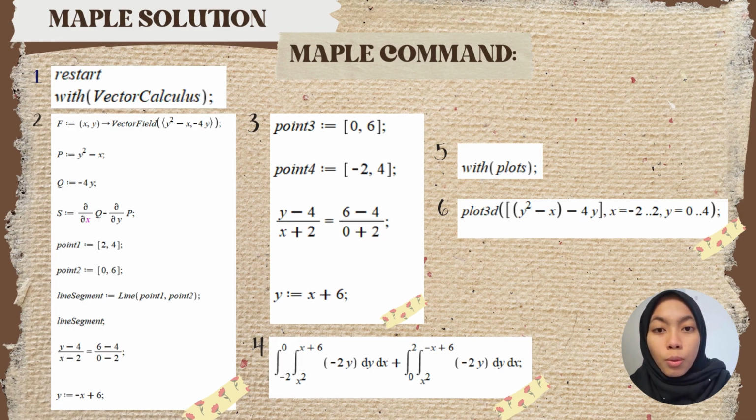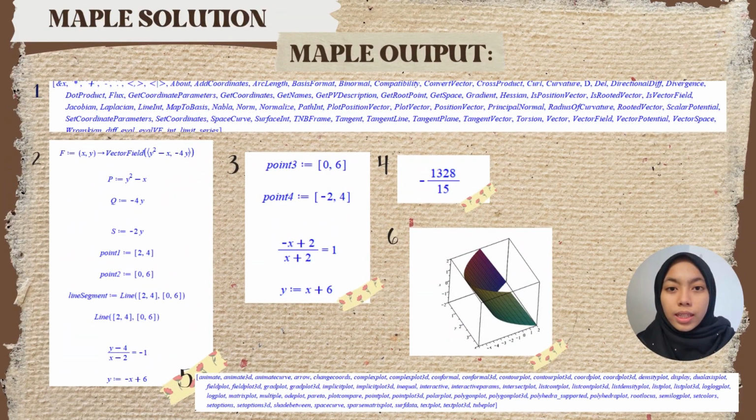So the command is plot3d of y squared minus x minus 4yx, x equal to negative 2 to 2, y equal to 0 to 4. Then we will get the output. Alright, this is the output when we use the command, and we will get the answer and the plotting.